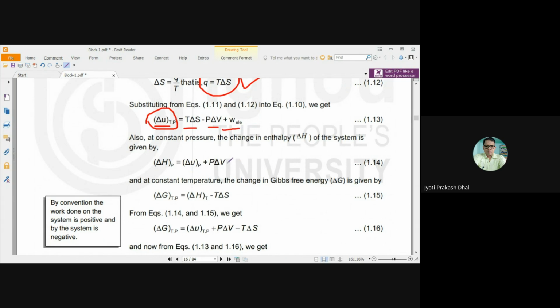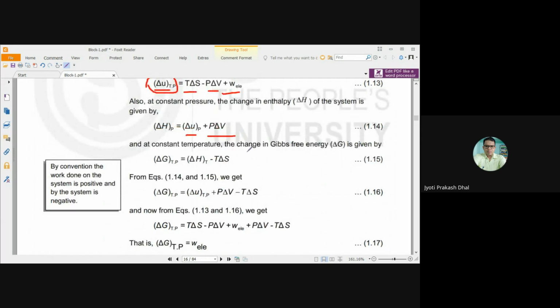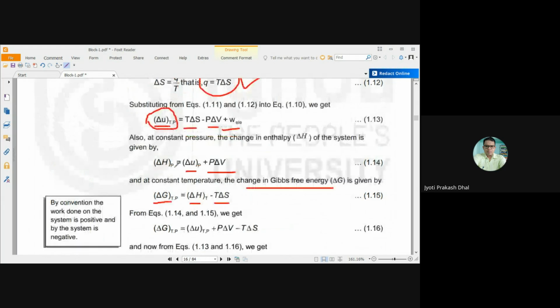Similarly, at constant pressure, the change in enthalpy ΔH of a system can be given as ΔH equals ΔU plus PΔV. And at constant temperature, the Gibbs free energy change ΔG at constant temperature and pressure equals ΔH minus TΔS, and here ΔH equals ΔU plus PΔV.